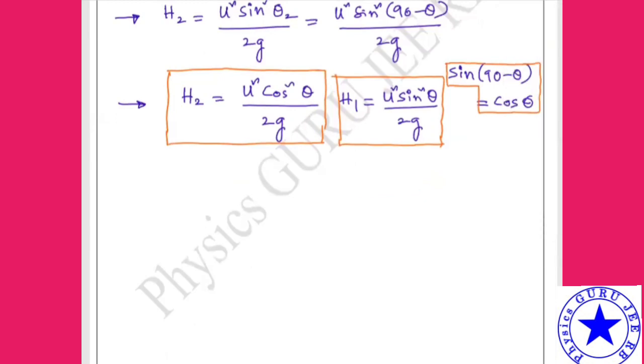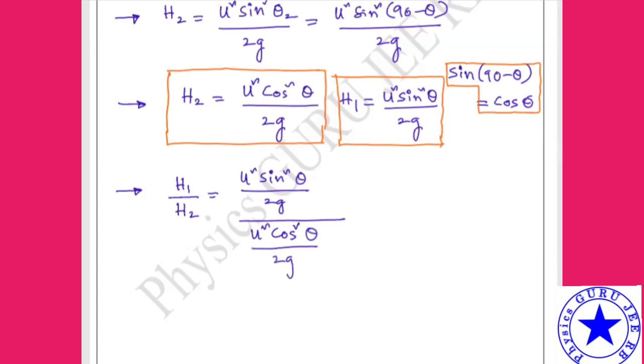Okay, now what can we do with H1 and H2? Let us see. If I take H1 divided by H2, what will I get? Can you guess, anybody? The ratio of heights. Just calculate and tell me. U square sine square theta divided by 2g, divided by u square cos square theta divided by 2g, right?